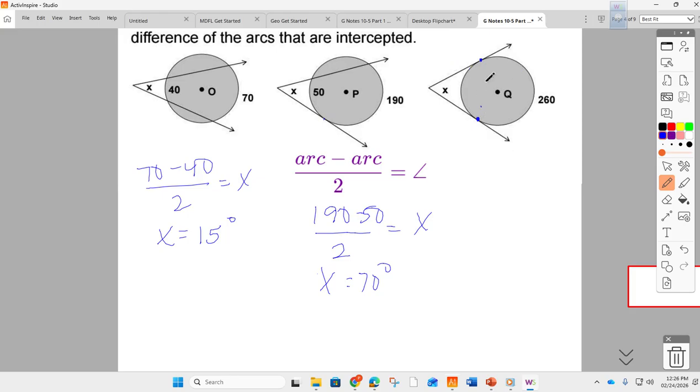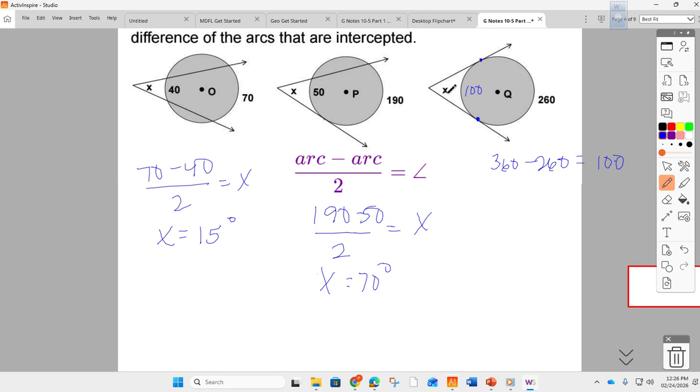So this smaller arc is going to be 360 minus that big arc. And so now we know that that smaller arc here is 100 degrees. All right, so we have done that on other kinds of problems before. This circle is only split into two arcs. So if this one is 260, then this one has to be 100.